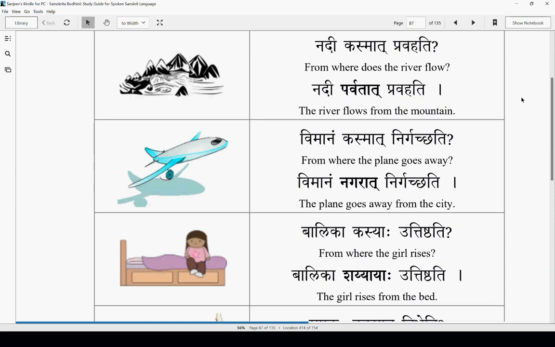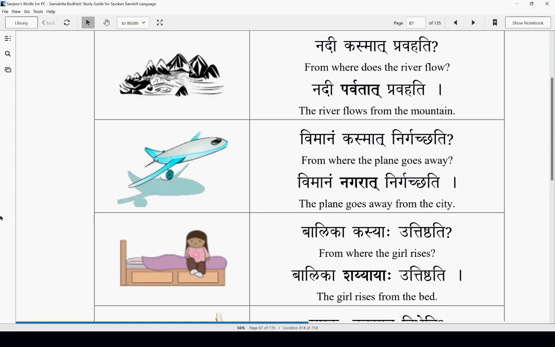So it goes from the city. This nir is the prefix used here, which is called upasarga. When you use a, it changes the meaning. Agacchati comes. Then we use nir, which gives nirgacchati, then nirgamanam, going away. So that additional meaning of away is added here.